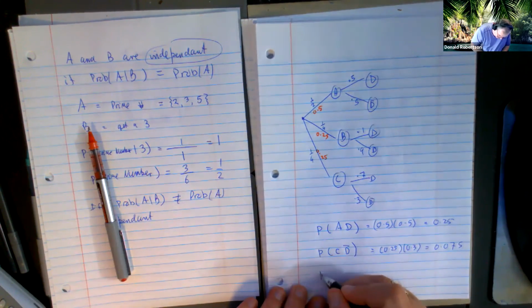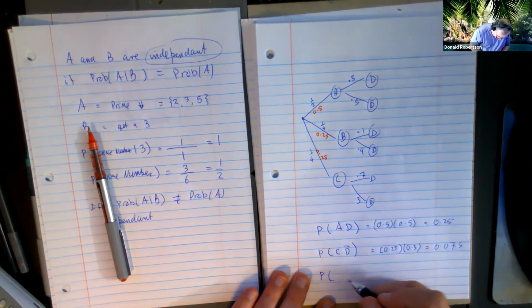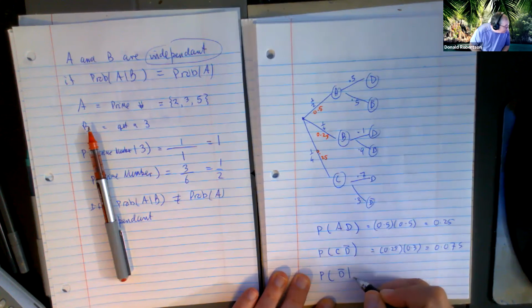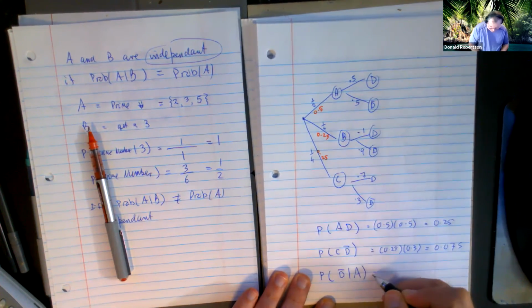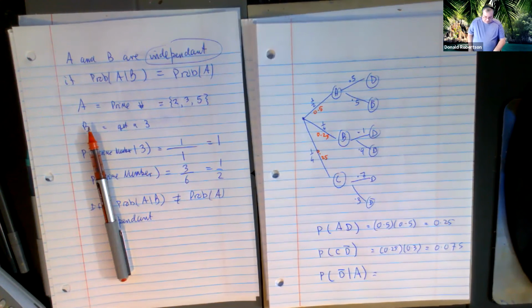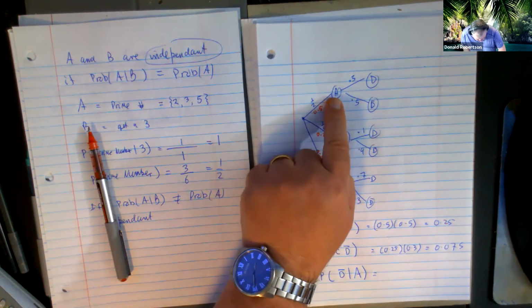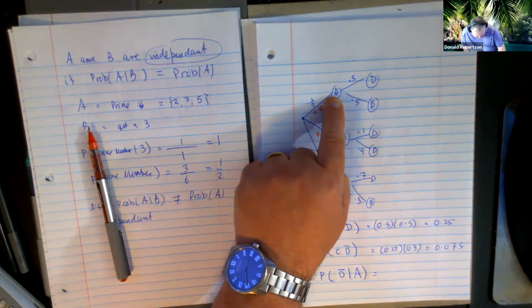And then you might get a guy that looks like this. What's the probability that you get the complement of D given that A has happened? Now, you know A has happened, and they're asking you for this guy.